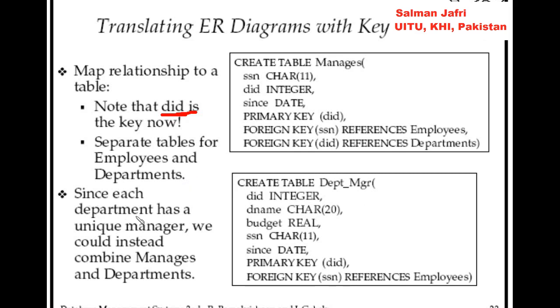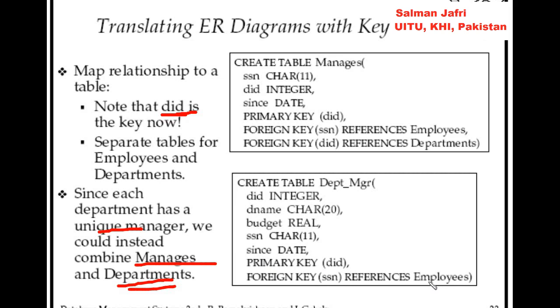since each department has a unique manager, we could instead combine managers and departments. Since each department has one unique manager, we can also create something like this: create table department underscore manager. DID would be an integer, DNAME, budget, SSN, since, and the primary key of course would be the DID, and the foreign key would be the SSN that references the employees.